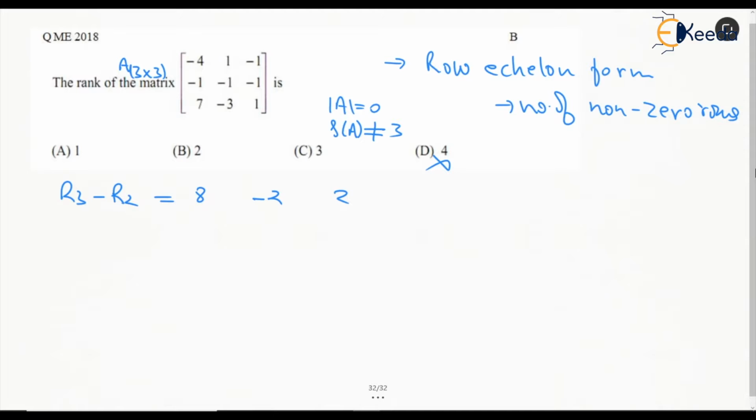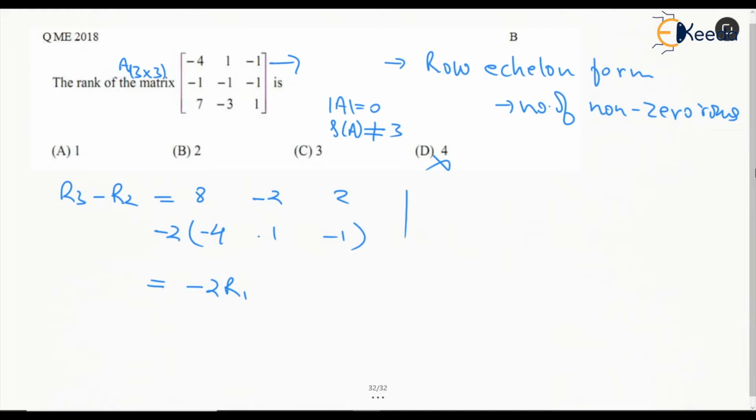And if we see, this is actually minus 2 times of minus 4, 1 and minus 1. This minus 4, 1 and minus 1 is nothing but row 1. So we can see that this is minus 2 times of row 1.